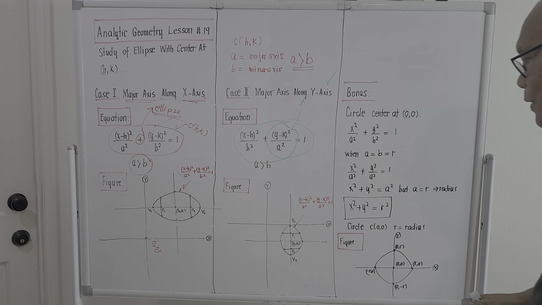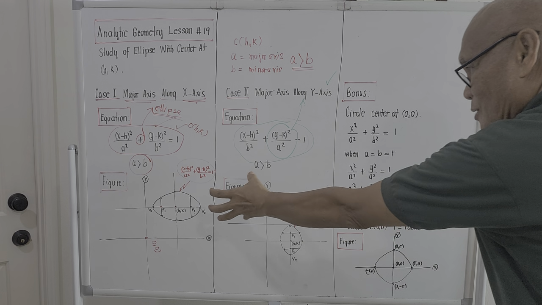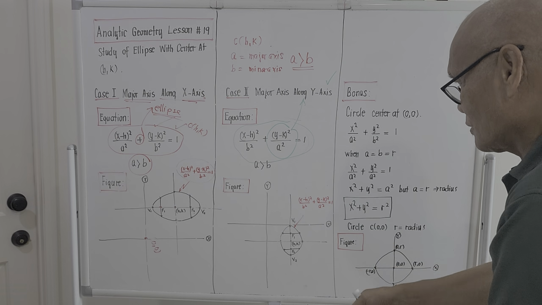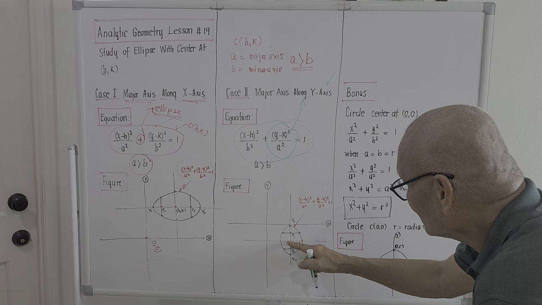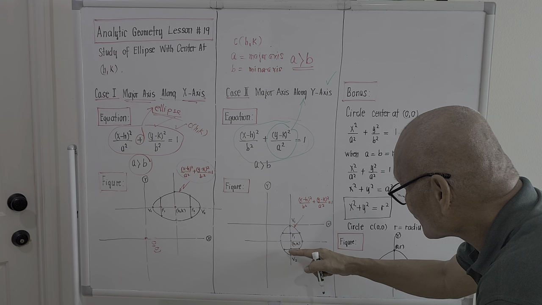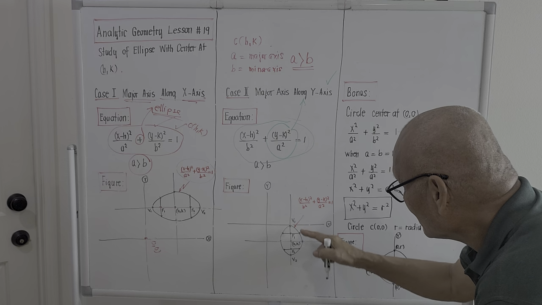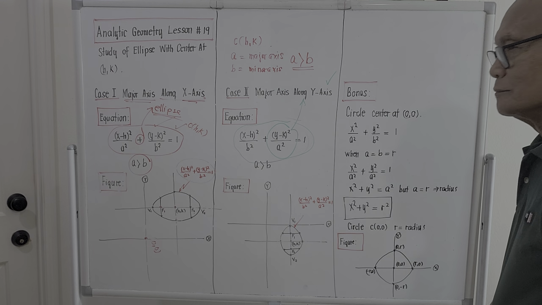The points on the ellipse are just the same as this one, except that this is vertically erected. This is the center. This is focus number 1, the upper one. This is focus number 2, the lower one. Vertex number 1 is the upper one, vertex number 2 is the lower one.